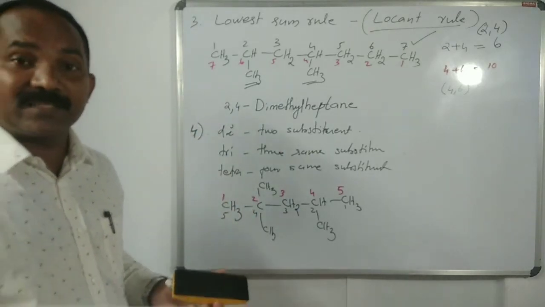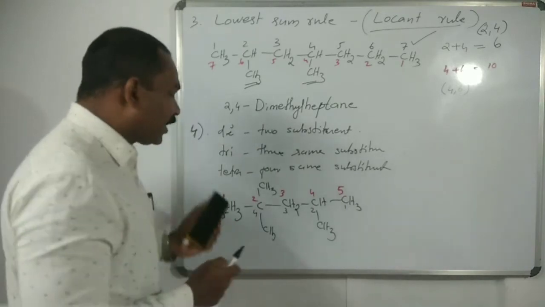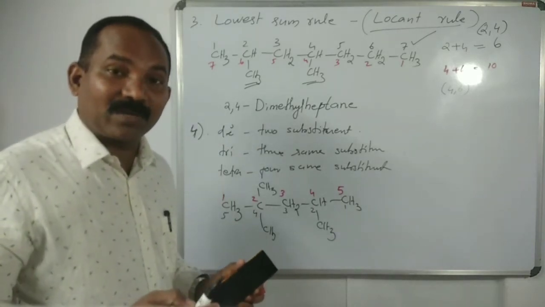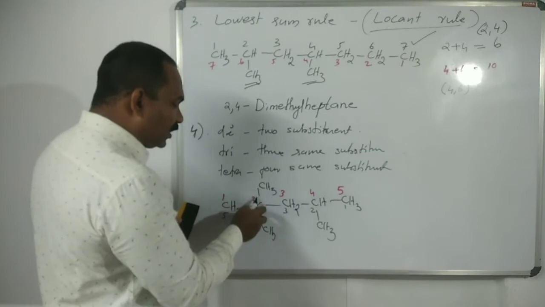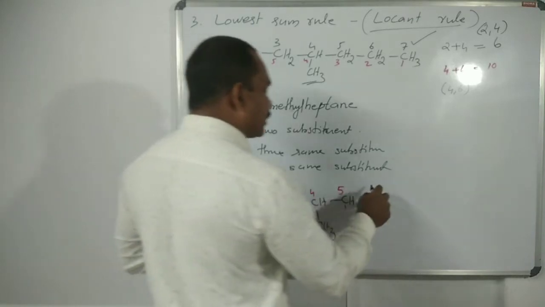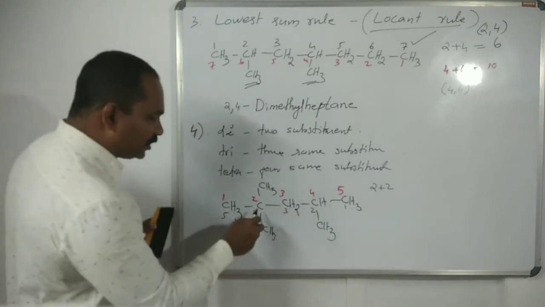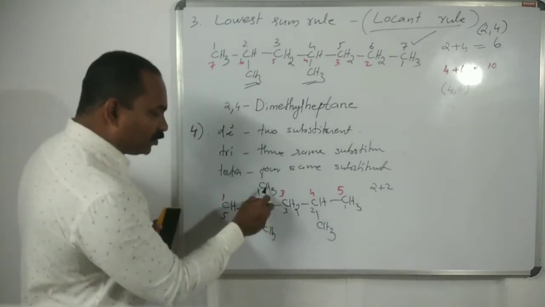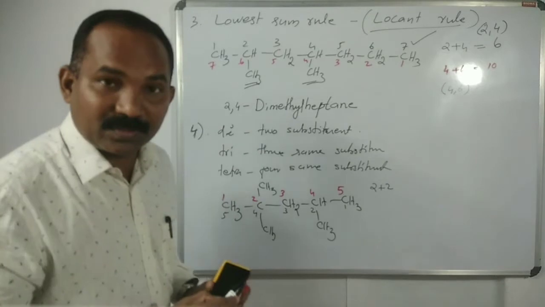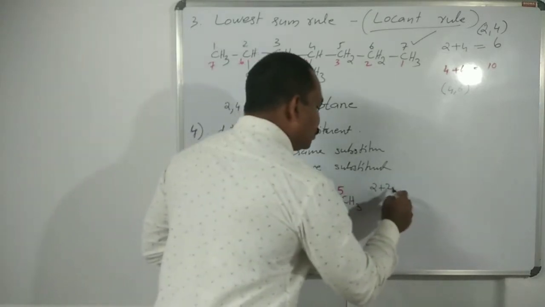Which one is correct? We can take the lowest sum rule or locant rule. In the second position, two substituents. Remember that? Second carbon atom, two methyl groups are there. Two substituents, so 2 plus 2.